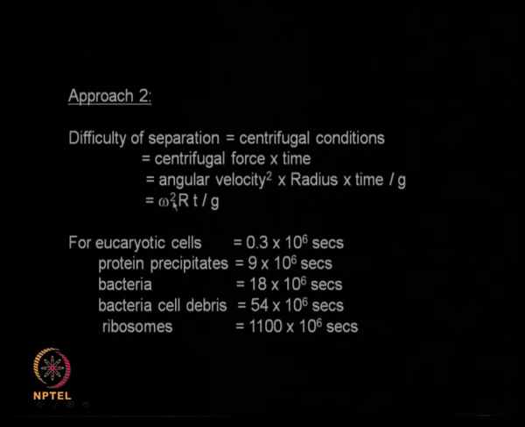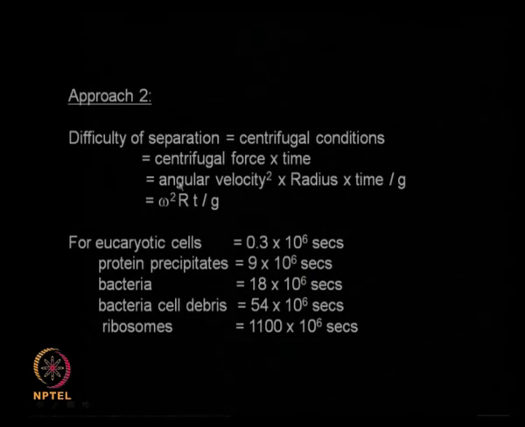From this particular relation, knowing the radius of the centrifuge and the RPM, I will be able to calculate the time, understand. Or if I know the radius of the centrifuge and the time of the centrifugal operation, I can calculate what the omega will be, because I will assume the difficulty of separation to be constant.